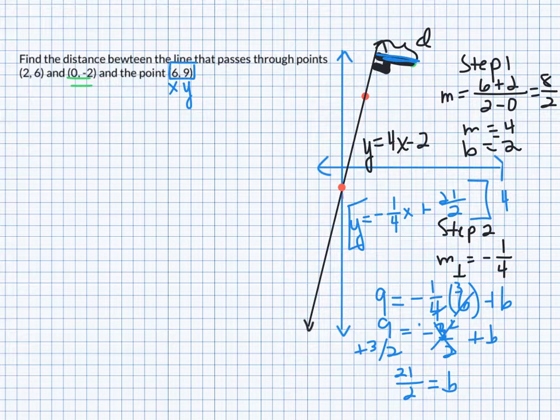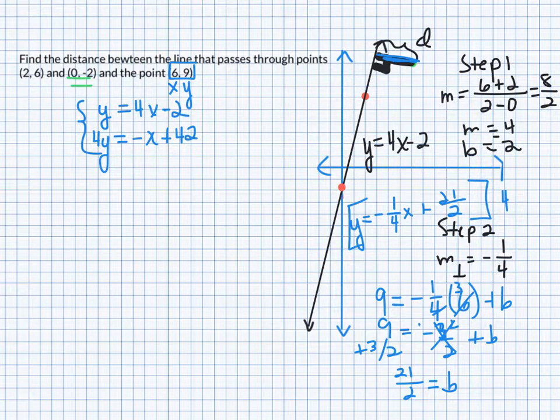So on step 3, which is to solve the system of equations, I'm going to get the equation y = 4x - 2 from step 1. And then from step 2, multiplying by 4, I get 4y = -x + 2 times 21, which is 42.